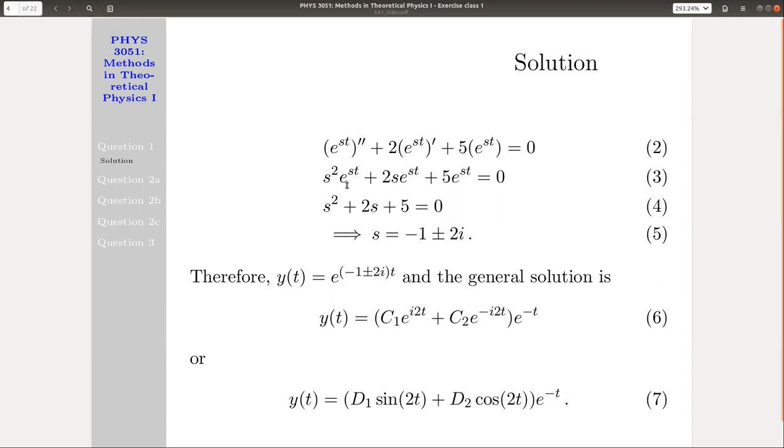Because the exponential term cannot be zero, you can just cancel it out from the equation, and then you have the quadratic equation.